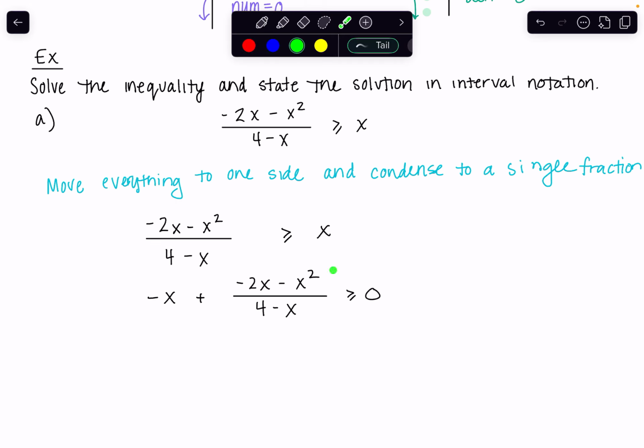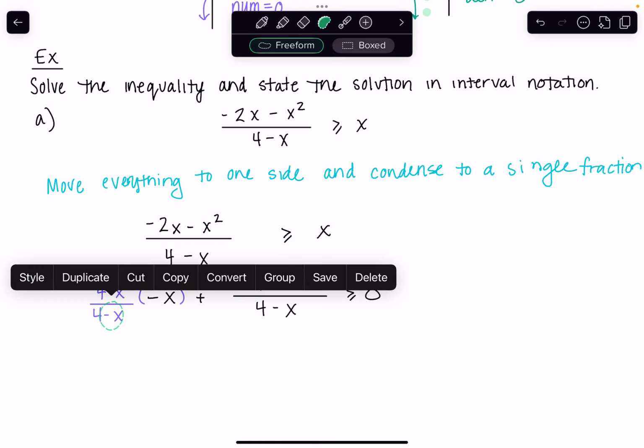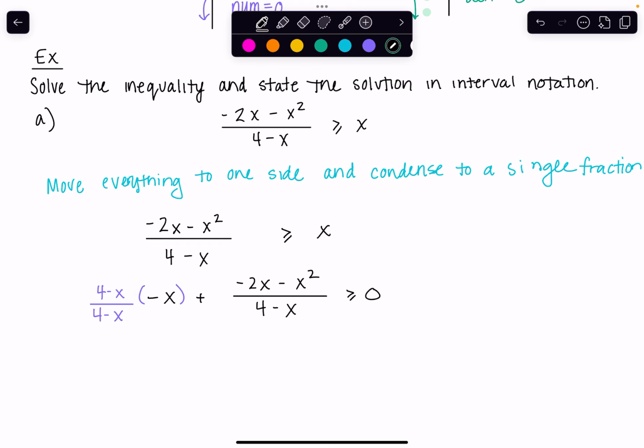And again, I want to be able to add these together so I can immediately pick off my intercepts and my vertical asymptote. So I need to make this have the same denominator. So I need a 4 minus x in the bottom, which means I have to do exactly the same thing to the top. So I really need to multiply this by (4 minus x) over (4 minus x).